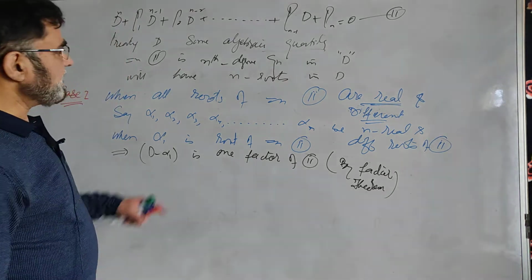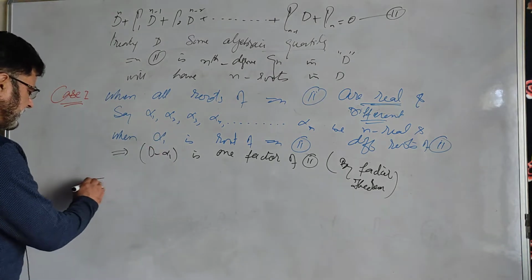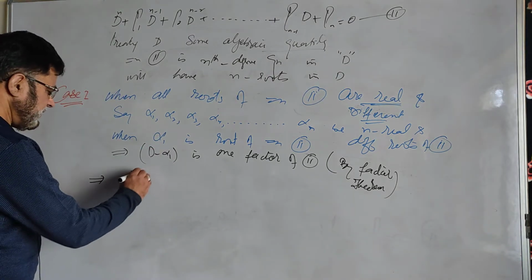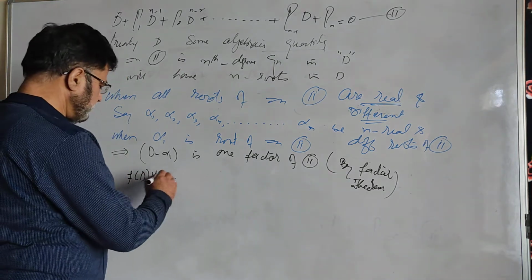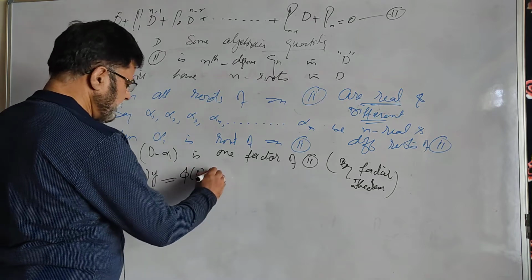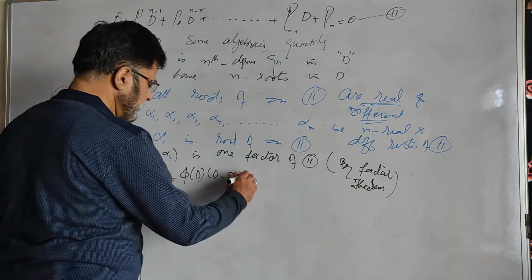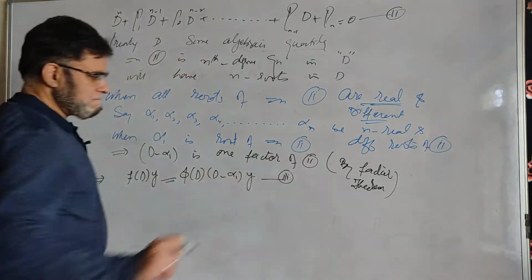That means I can write the given equation first: f of D y can be written as phi of D times (D minus alpha 1) into y. Very important step. Clear?